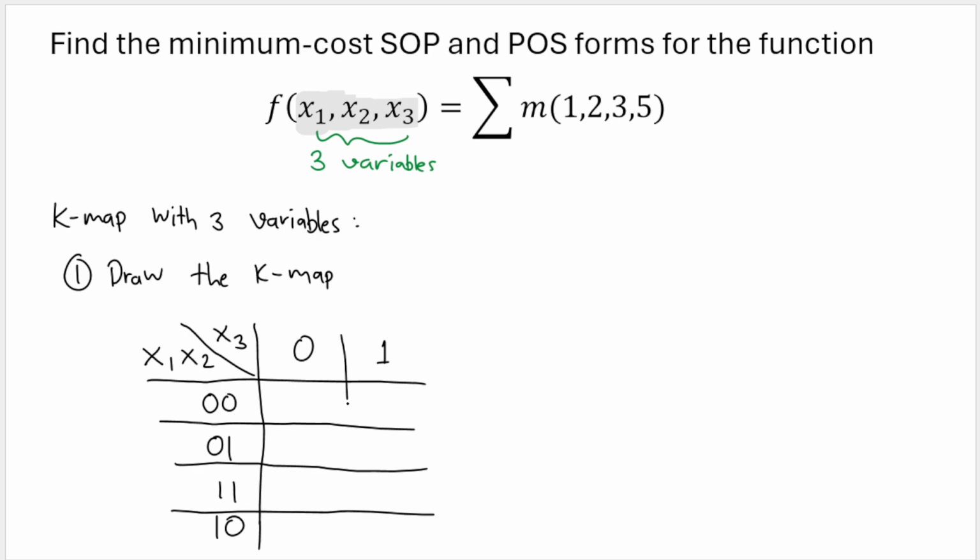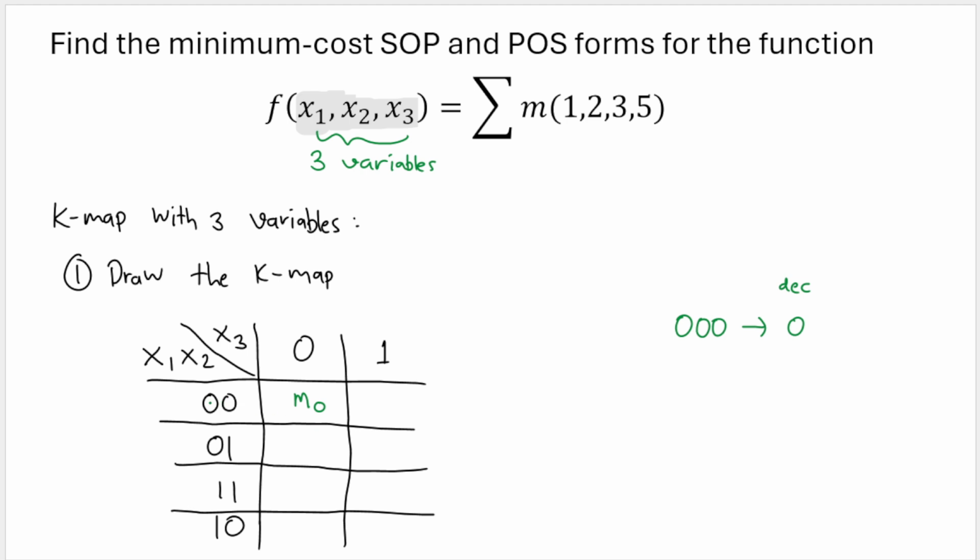Okay, now let's mark the minterm position here. Okay, here we will have 0, 0, 0. If we write it like this, 0, 0, 0, this is 3 bits, and this is 0 in decimal, right? So here we will have this one as minterm number 0.